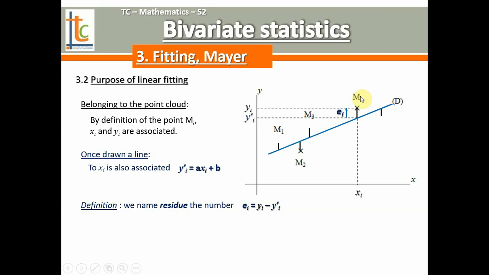There exist horizontal residues, but I won't talk about them here. I'm interested in vertical residues because most of the time y is the explained variable, and x is the variable that explains y.